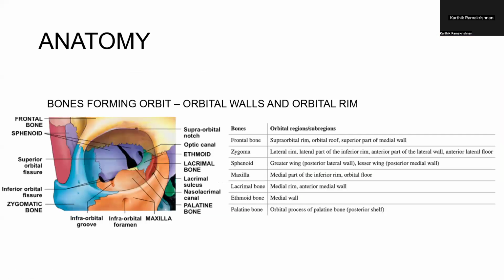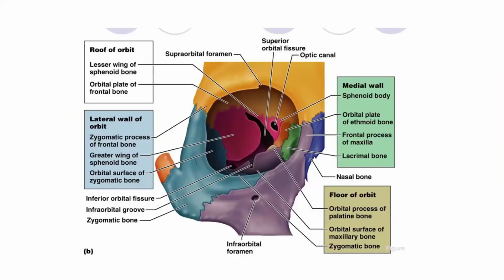We all know the orbital cavity as such is a confluence of 7 bones, namely frontal, zygoma, sphenoid, maxilla, lacrimal bone, ethmoid, and palatine bone. So it is of paramount importance to know the osteology of orbit, which has got 4 sides: the roof, medial wall, lateral wall, and the floor.